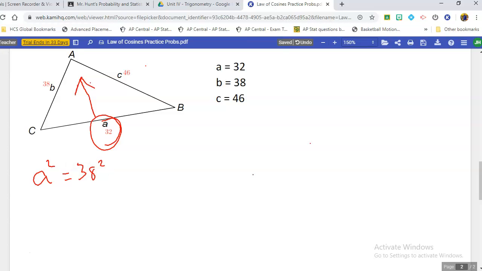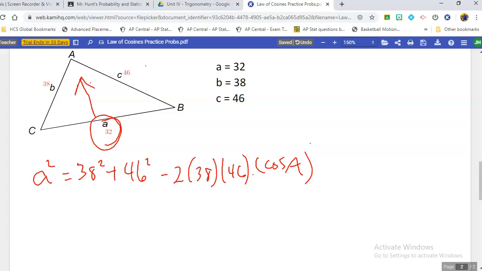38 squared plus 46 squared minus 2 times 38 times 46 times cosine of angle A. And I'm now realizing I should have put in a 32 here.